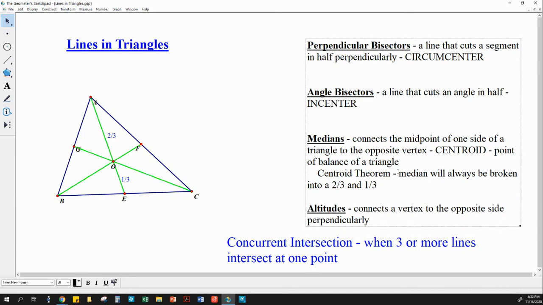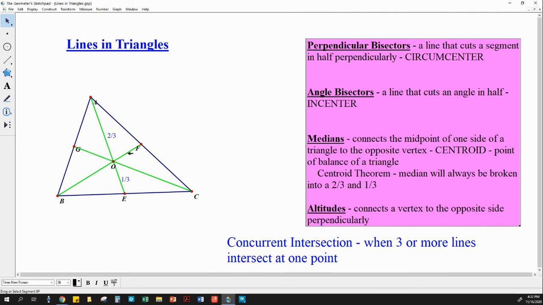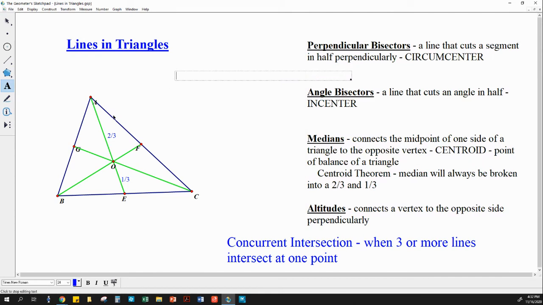If I told you that OF was 6, I would want you to know that OB, which is the 2/3 portion, would have to be 2 of those, which would be 12.